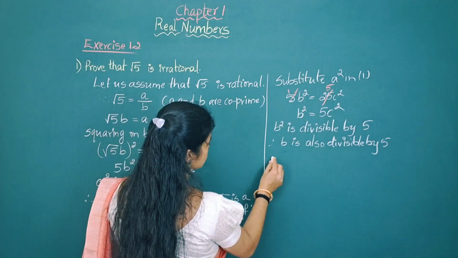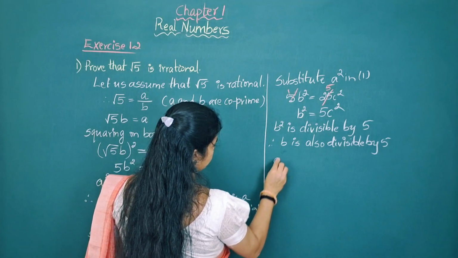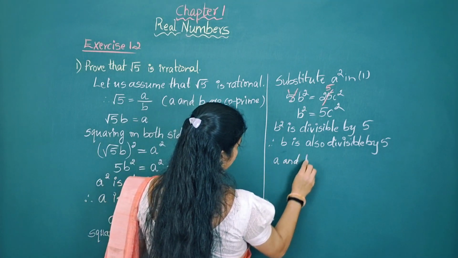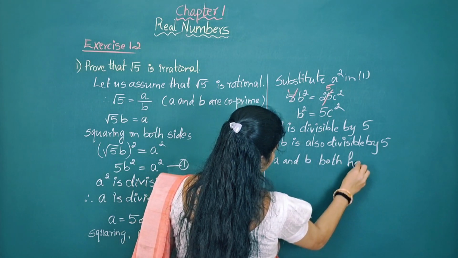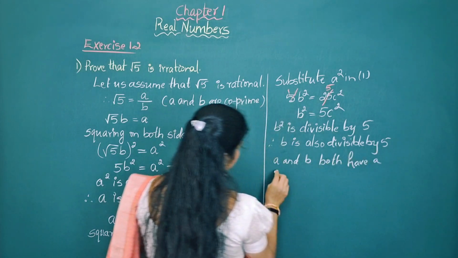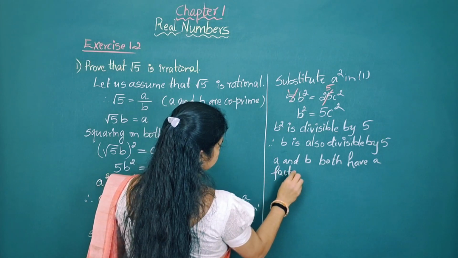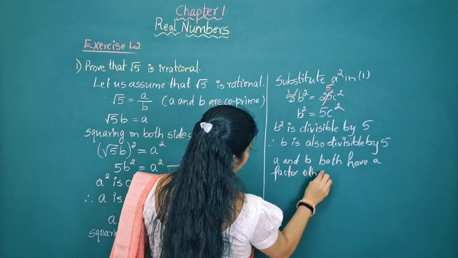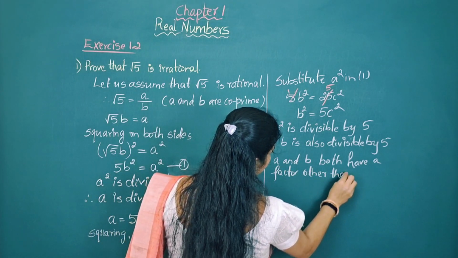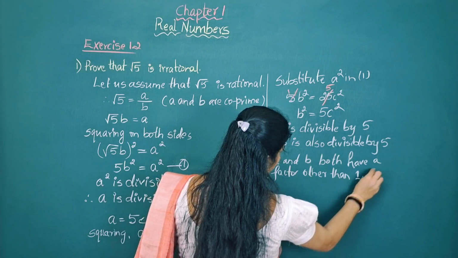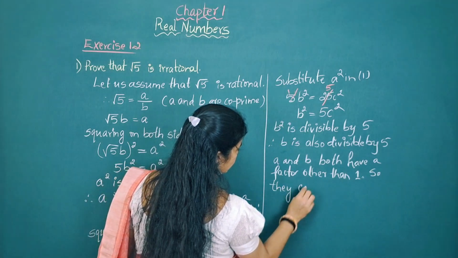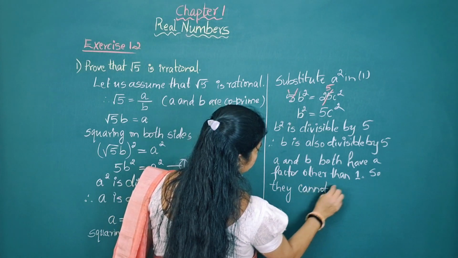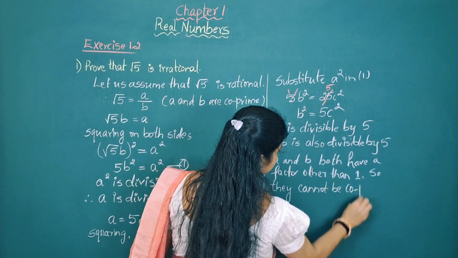So, a and b both have a factor other than 1. So, they cannot be co-primes.